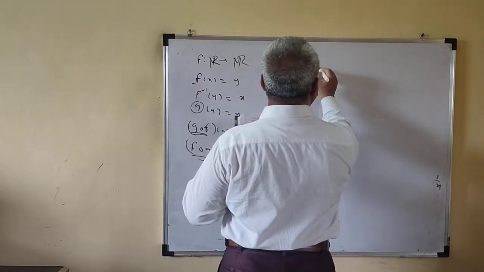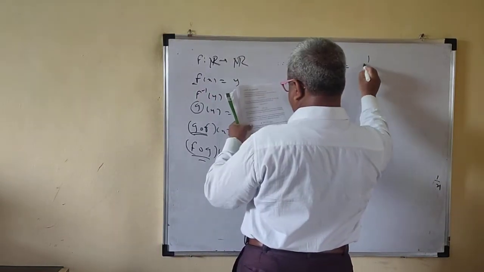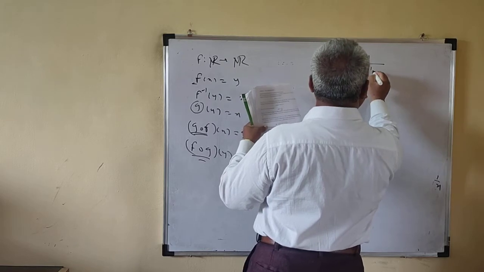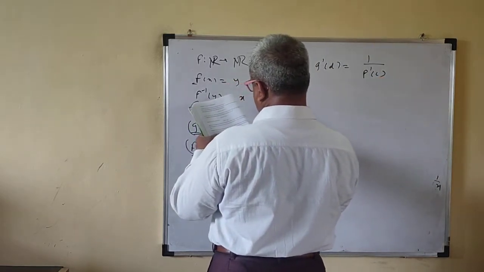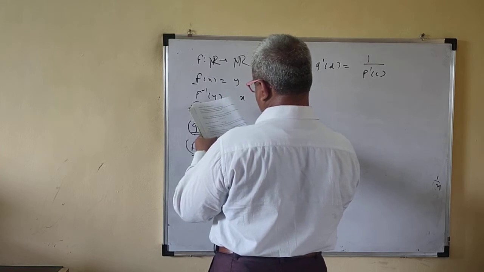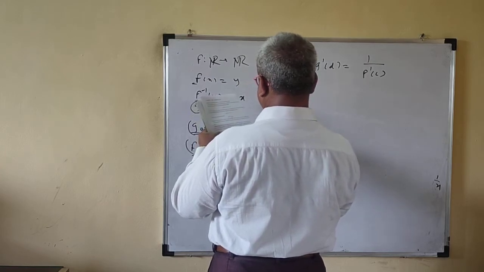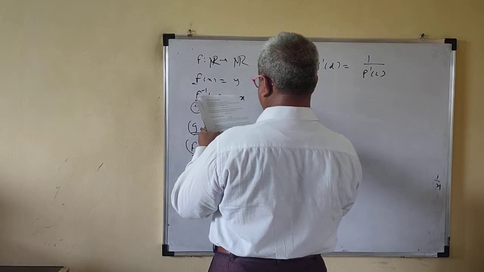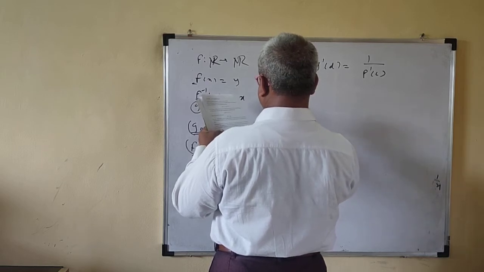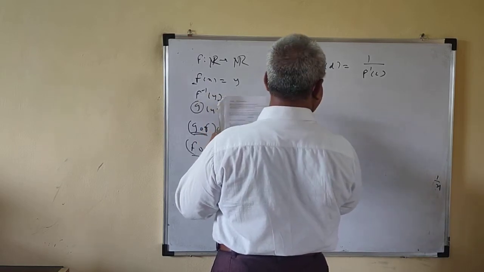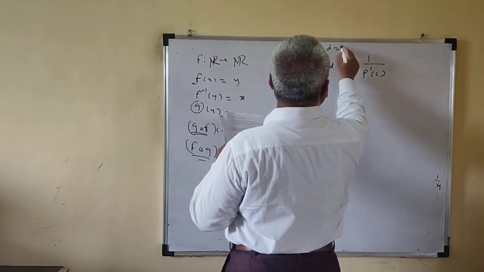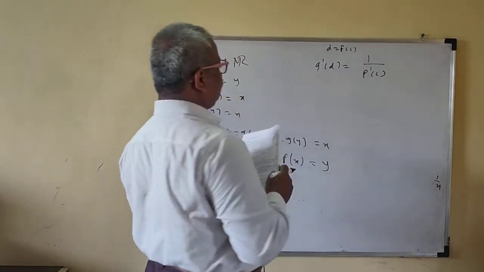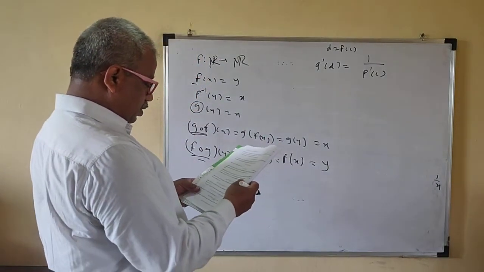So then g prime d is 1 upon f prime c, where d is equal to f of c.